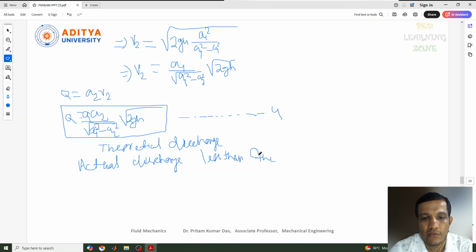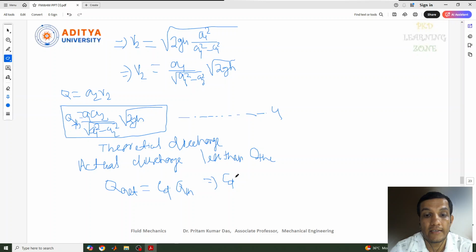Okay, Q theoretical. Now for that what can we write? We can write Q actual equal to, we just need to multiply Cd into this equation, which is the theoretical one, or we can say Q theoretical. So what can we get here? Cd equal to, what is Cd? Cd is actually the coefficient of discharge, the coefficient of the venturimeter, and its value is always less than 1.